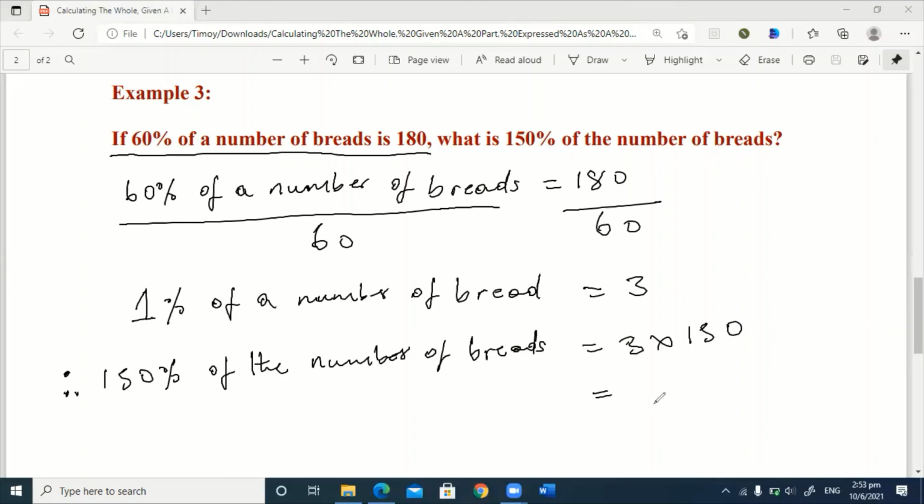If 3 times 15 is 45, 3 times 150 is 450. And there is your answer. So they can ask you for more than the whole. And how do you know if they are asking you for more than the whole? If they ask for a percentage that is greater than 100%. All right?